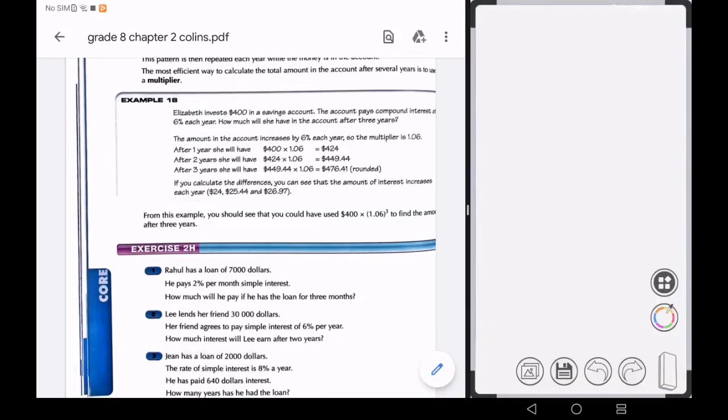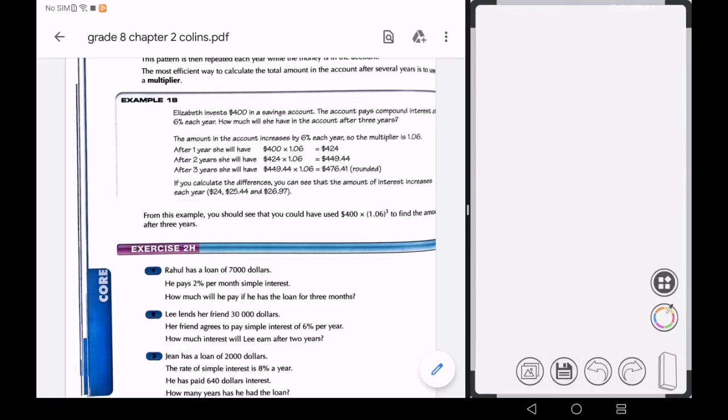Rahul has a loan of $7,000. He pays 2% per month simple interest. How much will he pay if he has the loan for 3 months? Simple interest.